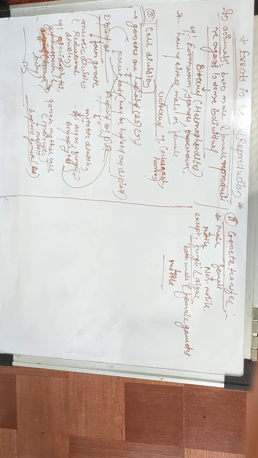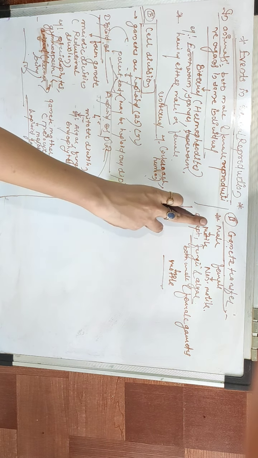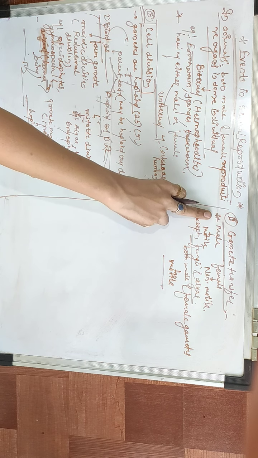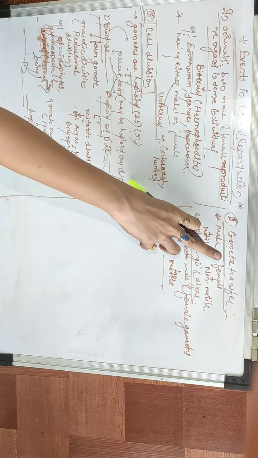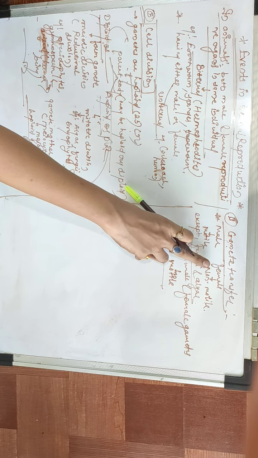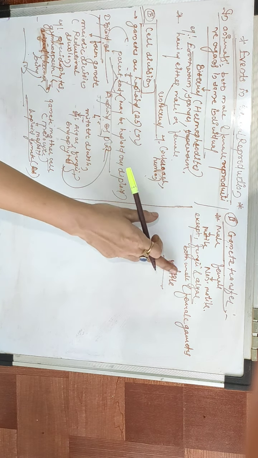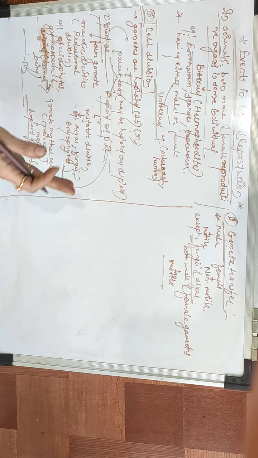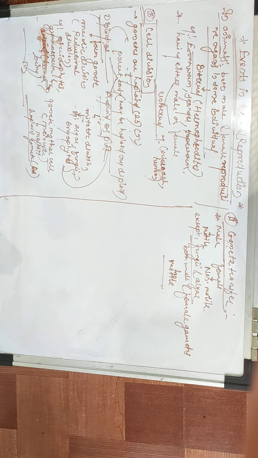In most animals, what will happen? The male is motile because they have flagella, they have a tail. The female is non-motile because the egg doesn't have flagella or a tail. Okay, except fungi and algae. In both these cases of fungi and algae, both male and female gametes are motile.